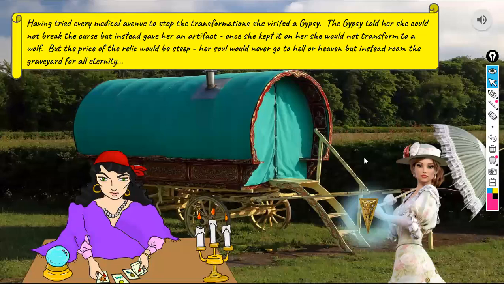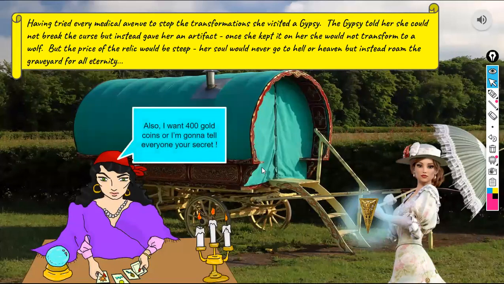So do you all think this gypsy is a good person or a bad person for helping out Joanne? It's so nice of her to help out for free, right? Just went to the gypsy, gave her a pendant. But there's a little twist to this. The gypsy wants 400 gold coins, which is a lot of money back then in 1845.